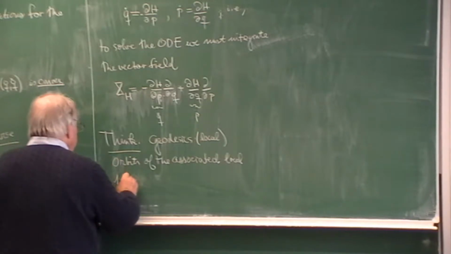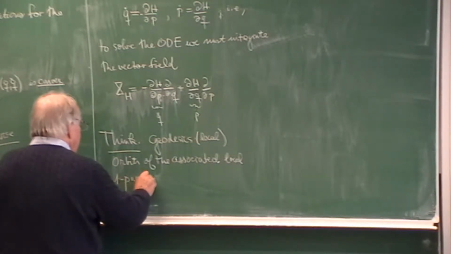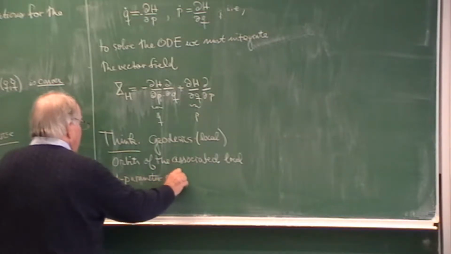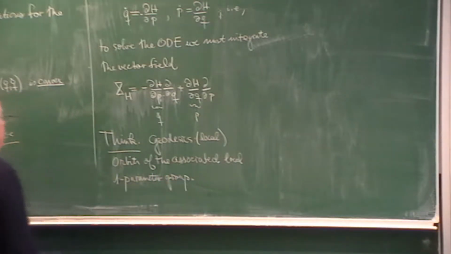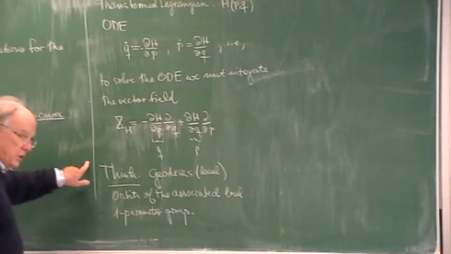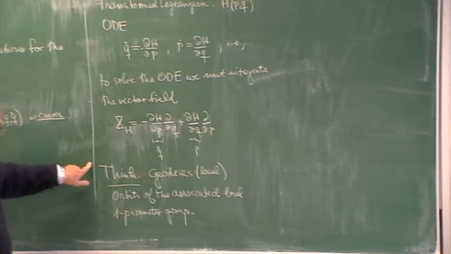One parameter group. That's very beautiful. It's a beautiful vector field. It's a beautiful differential equation. This over here is minimizing some integral, or at least critical points of that. Much more complicated situation. And so we study this situation. Everybody in the business studies this situation first.